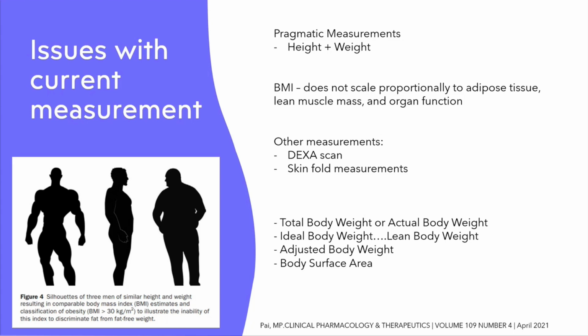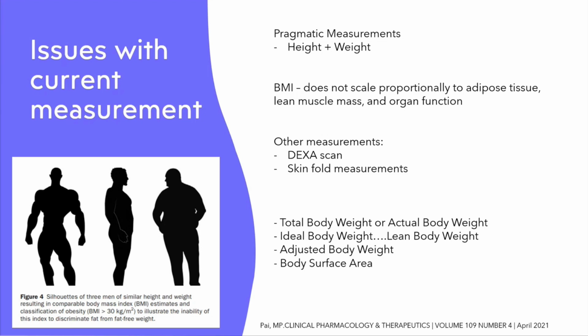So specifically, when we start talking about antimicrobials, we know that we have lipophilic antimicrobials, which are usually extensively distributed into tissues like adipose tissue, where, when we think about body size descriptors, total body weight and thinking about volume of distribution would be more important for lipophilic antibiotics.